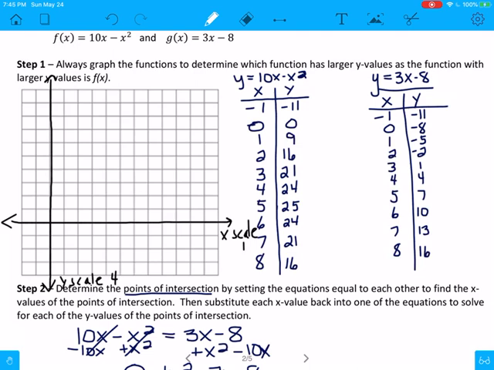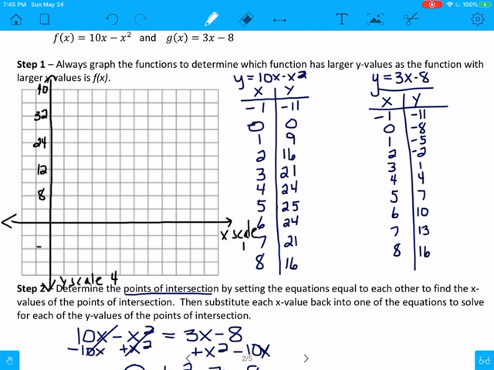Okay. So I'm going to go negative. Oh, wait. I made the x scale before. So I'm going to make this before 8, 10, 12, 16, 24. And then I get 28, 32, and then 40.